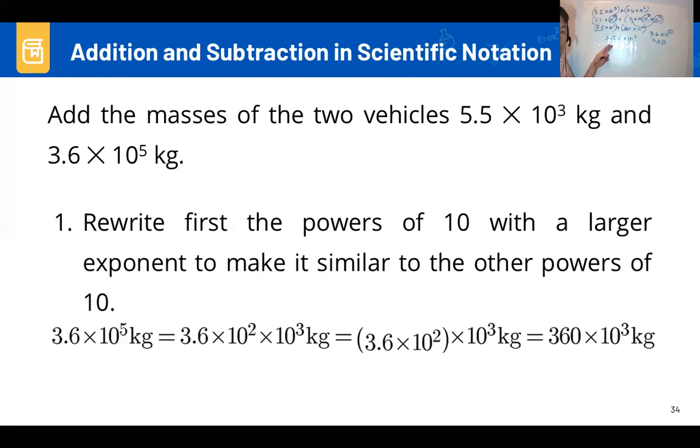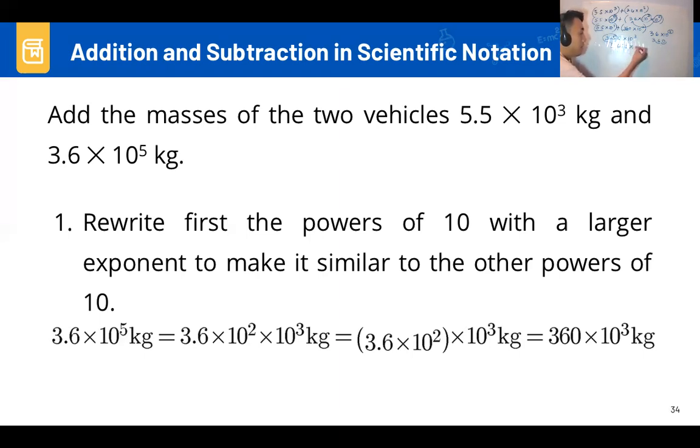Ito ba final answer natin? Yes or no? Hindi pa, di ba? So, this one is not yet kasi hindi siya between 1 to 10. So, we need to make n between 1 to 10. So, we will move the decimal point here.